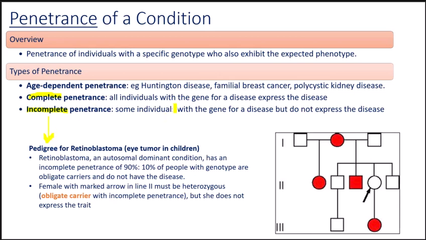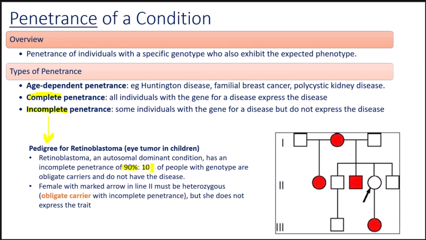In the diagram on the right, the filled in red symbols are people with the genotype that have also expressed the phenotype. Retinoblastoma has an incomplete penetrance of 90%. This means that 90% of the people with the genotype for retinoblastoma will display the phenotype, which is development of the eye tumor.